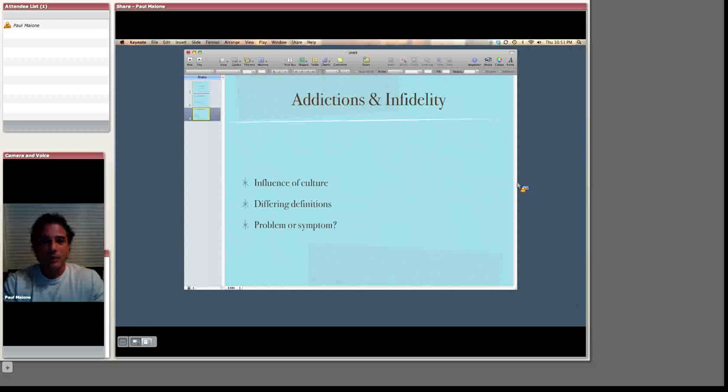I've certainly worked with a number of couples that have open relationships and wouldn't even consider sexual or emotional relationships outside of their marriage as infidelity. So these areas and issues really cause us to question, and it challenges us to not impose our beliefs inadvertently.